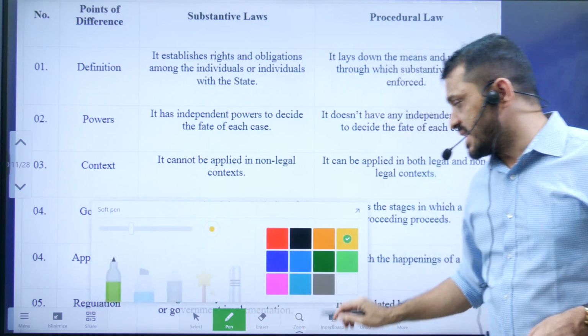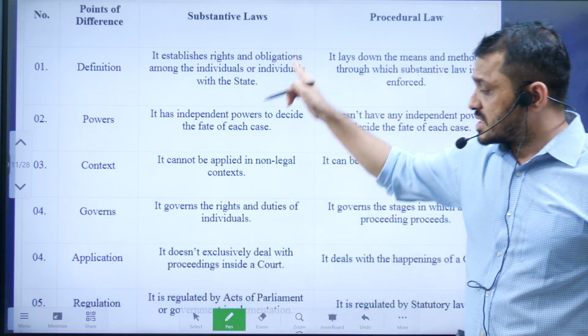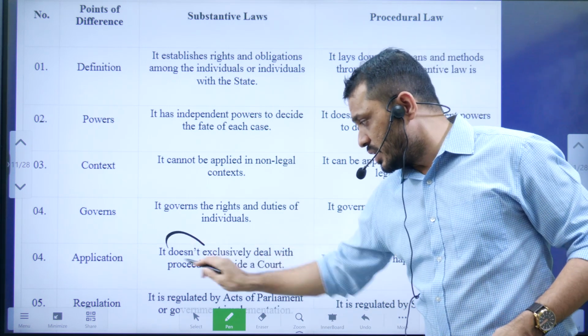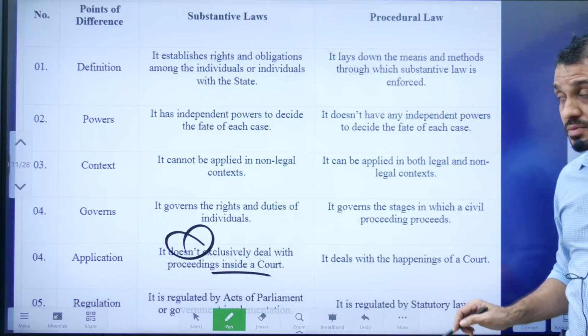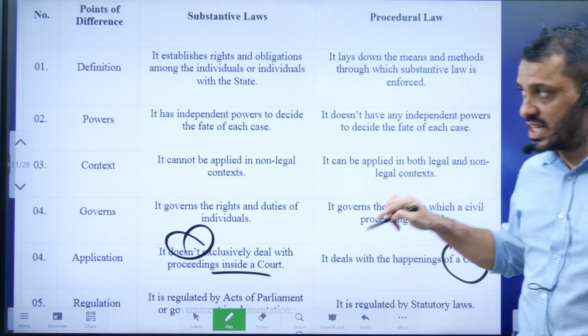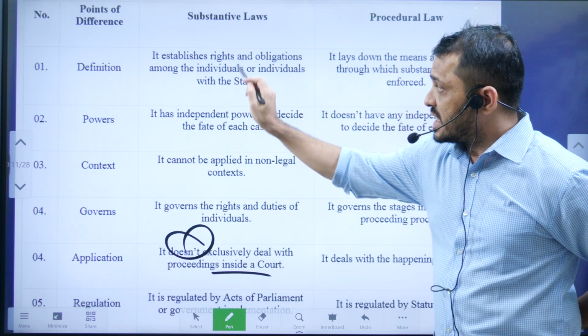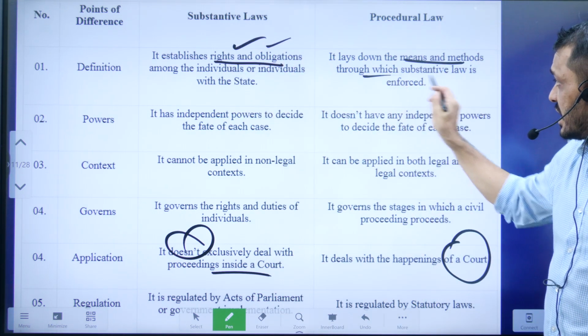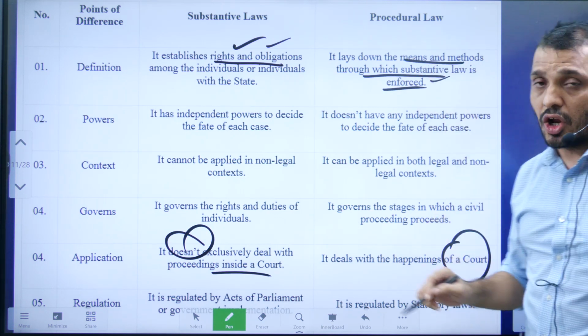Here, a very significant thing you have to understand: substantive law generally doesn't deal with matters inside the court, whereas procedural law generally deals with matters going on inside the court, and it establishes the rights and obligations. Here they implement the substantive law.